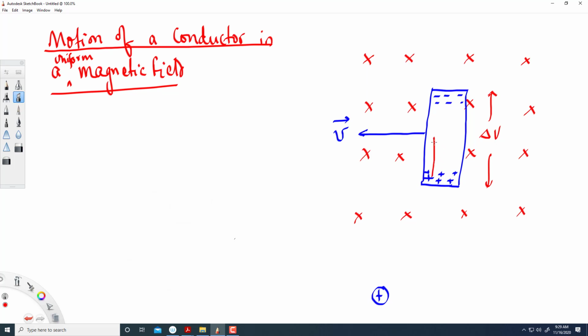Electric field always goes from positive to negative. So we have two things here, delta V and E. What is the relationship between delta V and E? We already talked about this last time. What formula relates these two things? Do you guys remember? I don't expect you to memorize, but if you remember, you can tell me.